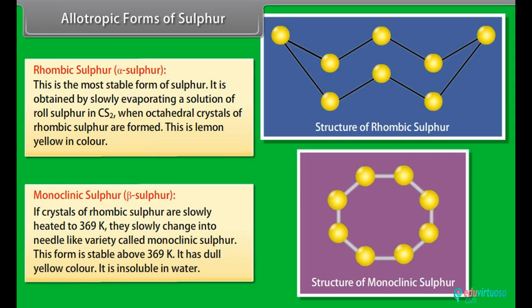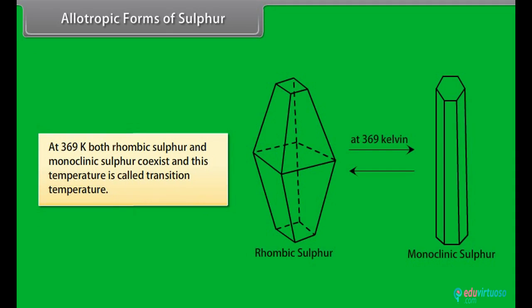If crystals of rhombic sulfur are slowly heated to 369 Kelvin, they slowly change into a needle-like variety called monoclinic sulfur. This form is stable above 369 Kelvin. It has a dull yellow color. It is insoluble in water. At 369 Kelvin, both rhombic sulfur and monoclinic sulfur coexist, and this temperature is called the transition temperature.